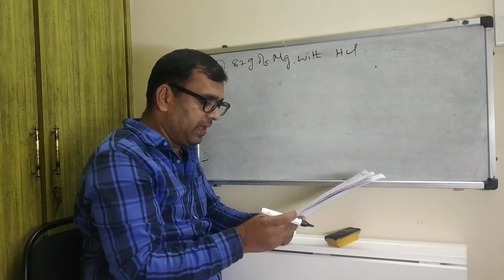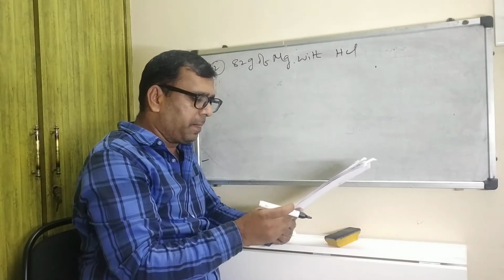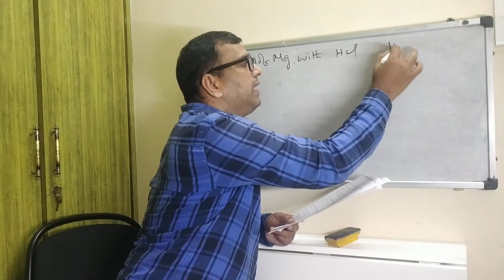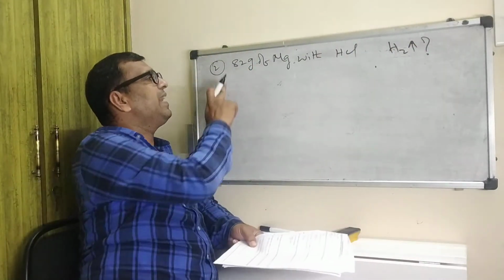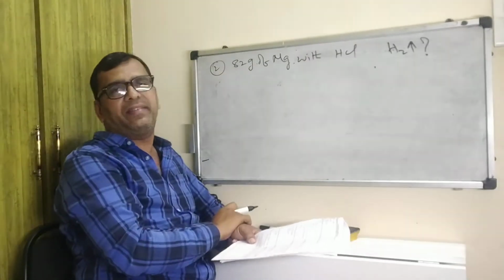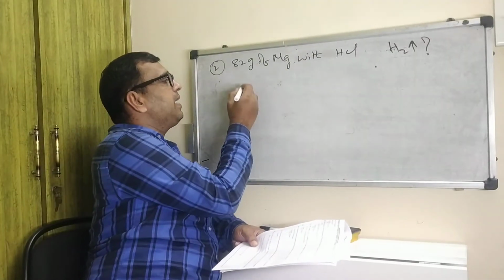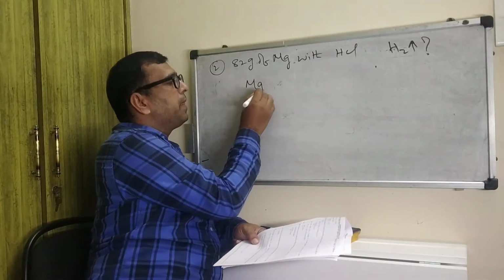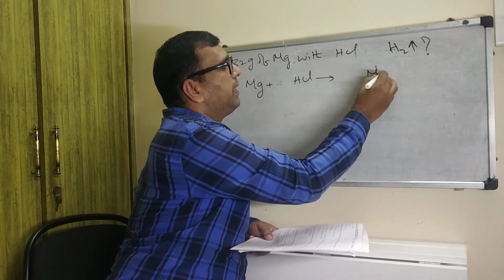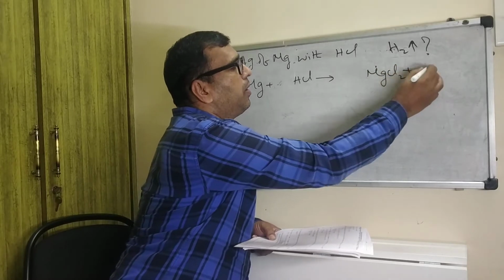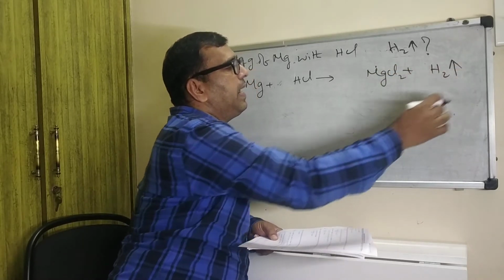Calculate the volume of hydrogen gas liberated. So here 82 grams of magnesium is given. It is reacting, means Mg plus HCl gives rise to MgCl2 plus hydrogen gas.